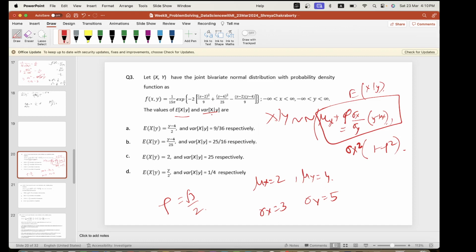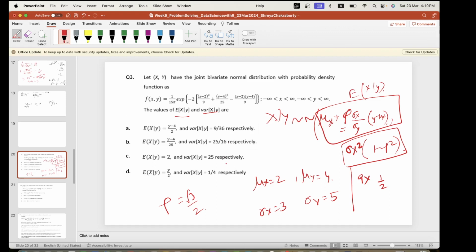Similarly, variance of x given y would be sigma x square into 1 minus rho square. So this I know, this is 9 into 1 minus rho square, which was half. Okay. So anyway, this is not matching with either of these.